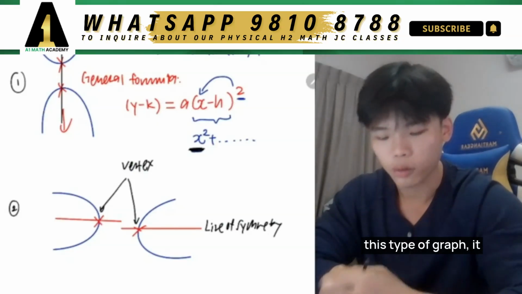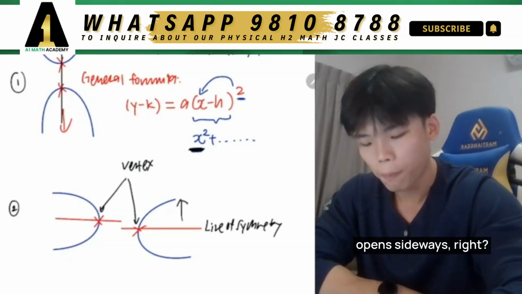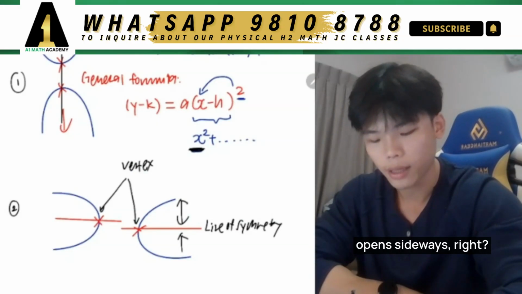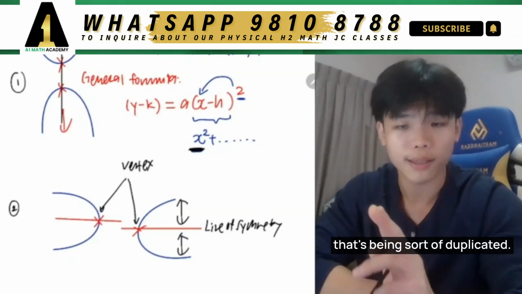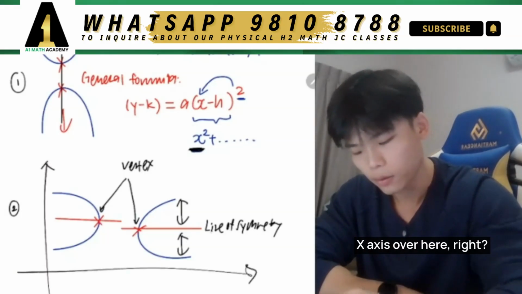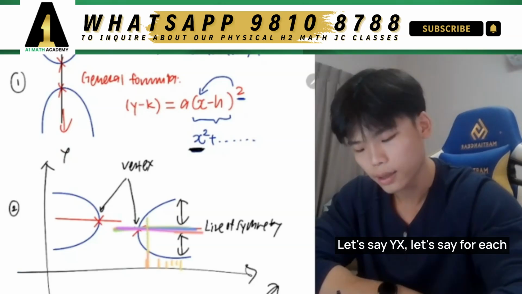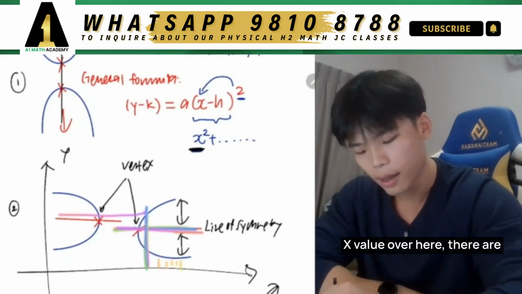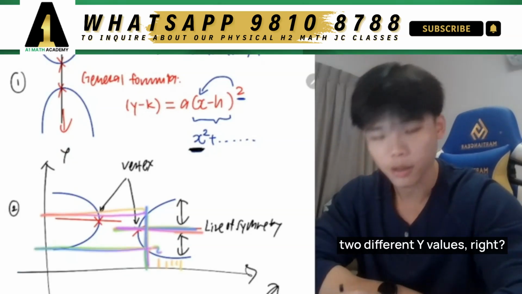So you can see that for this type of graph, it opens sideways, and the y values are the ones that are being duplicated. So if I draw the y-axis and x-axis over here, for each x value, there are 2 different y values, right?